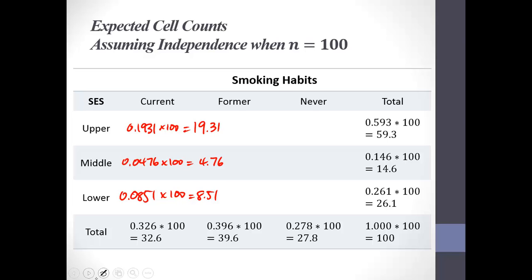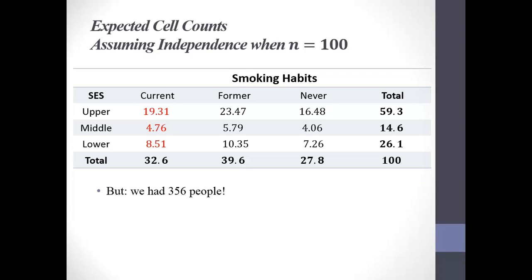And I can do that for the whole table. So what I've done is I've taken that previous table with all the probabilities in it, and multiplied every number in that by 100. So again, the idea here is that if these two things really are independent, and I have 100 people, this is how many I would expect to be in each category, each group.